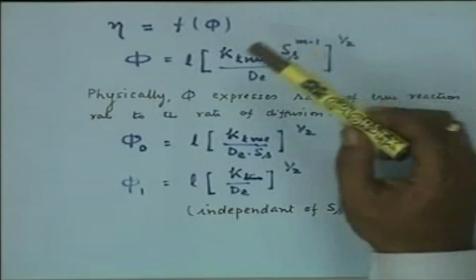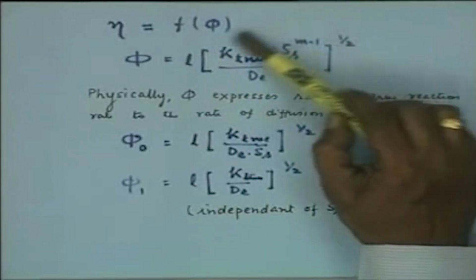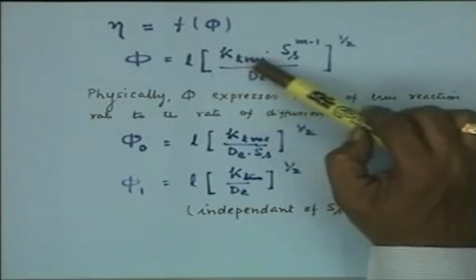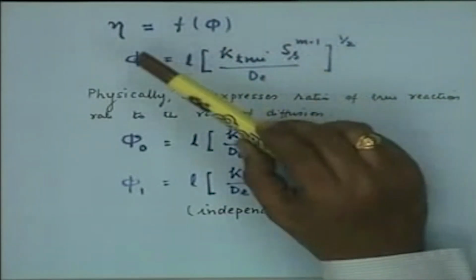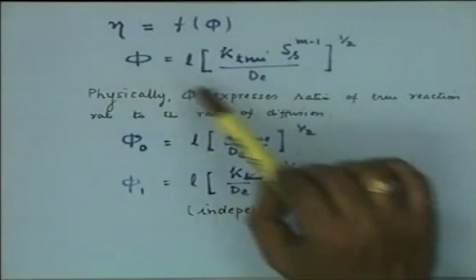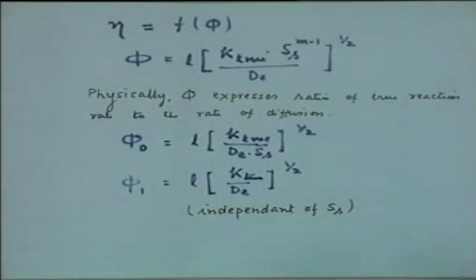The numerator expresses a parameter resembling the rate of reaction, and the denominator represents the rate of diffusion. So if the Thiele modulus is high, the reaction rate is faster. If the Thiele modulus is smaller, the rate of diffusion is smaller.